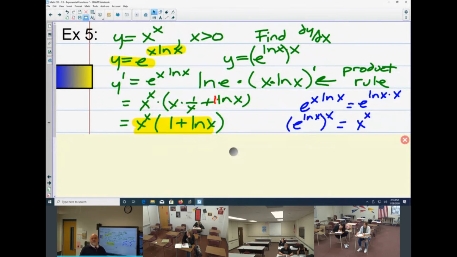I don't know why, but a lot of calculus finals, the AP exam, and so on, will have this exact problem on it. I've seen it so many times. I just decided we're going to work it through in class.